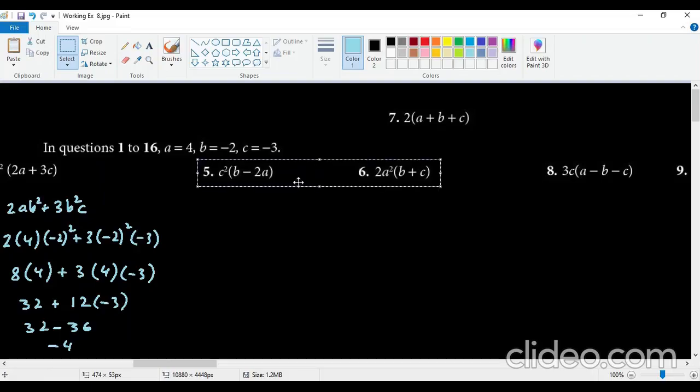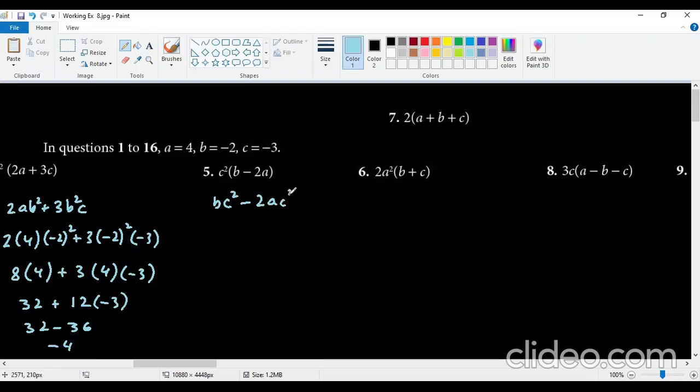Now comes question number 5. So I am going to write b c square. I should write c square b, but in terms of alphabetical order, I will place it as a c square. So that means the value of b is negative 2, multiplied by the value of c, which is negative 3 square, minus 2, a is 4, and c value is negative 3, which is going to be squared.